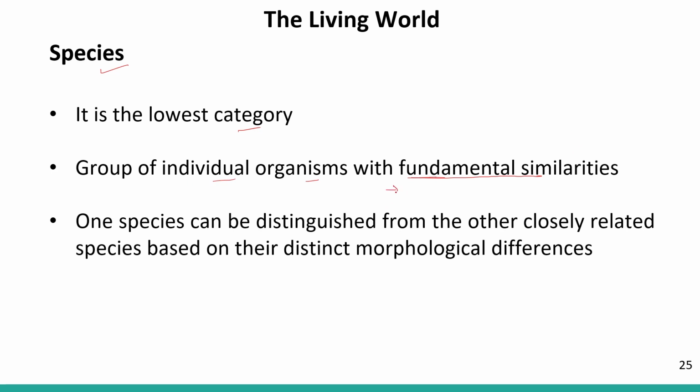And you can also write that they interbreed, or they breed among themselves, and are reproductively isolated from other groups. Now, one species can be distinguished from other closely related species based on their distinct morphological differences.